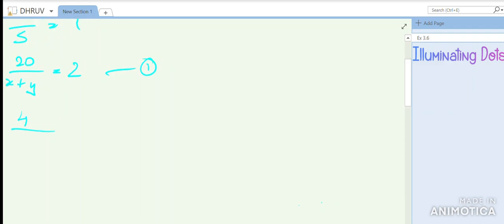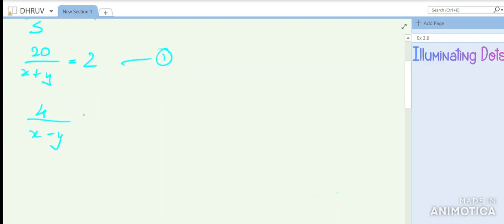Because when she moves against the current, the current is resisting her, so they get subtracted. So 4 upon x minus y is equal to 2. This is the second equation.